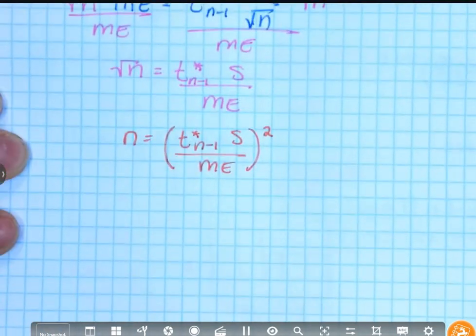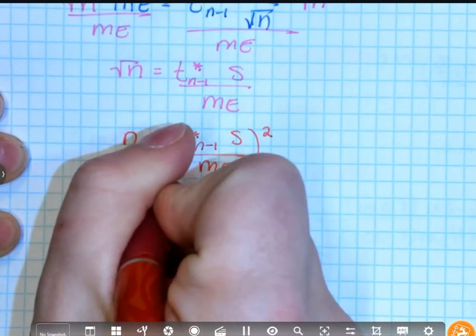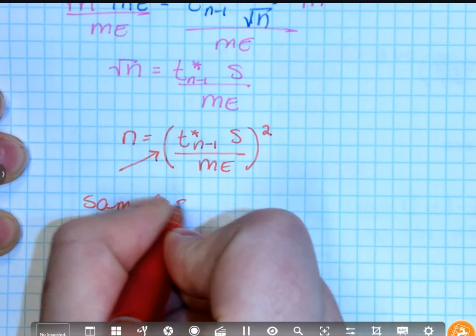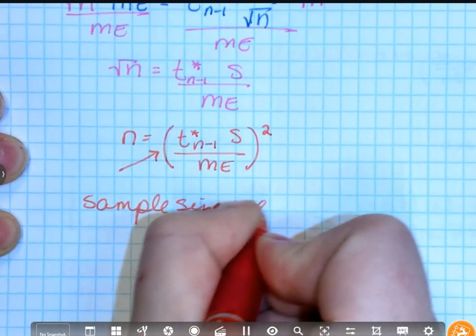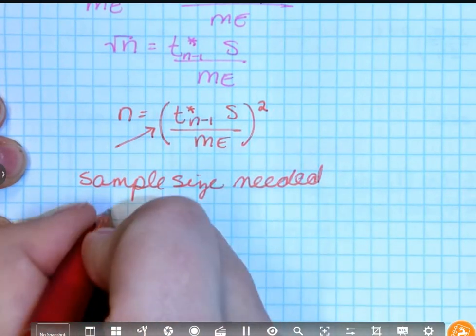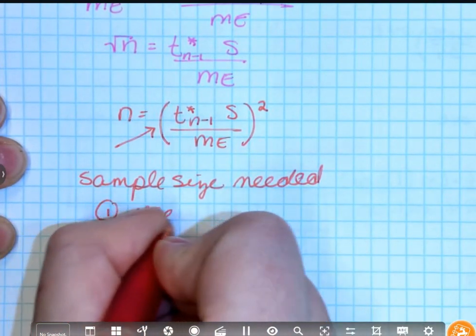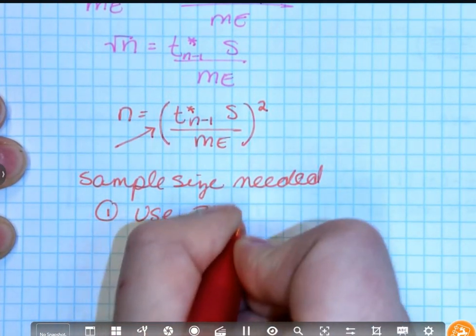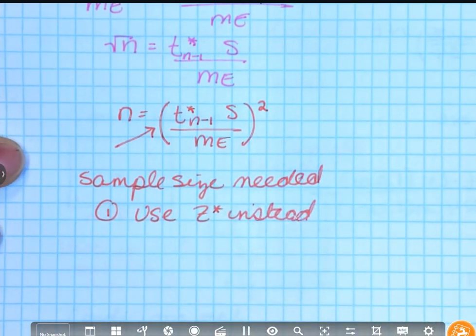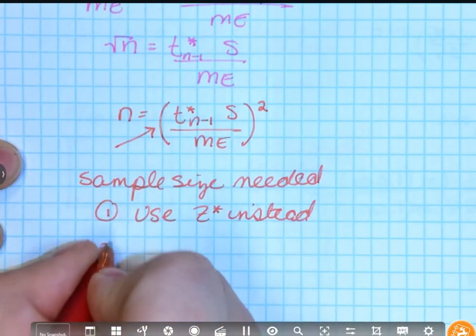What we're going to do, because the sample size is needed for T star, is put in a little bit of an approximation first step. We're going to use Z star instead.